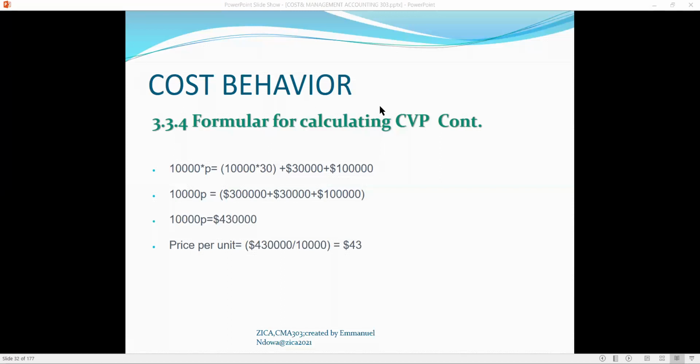Our factory rental is still 30,000, but we can sell at $53 in order to come up with the profit of $153.